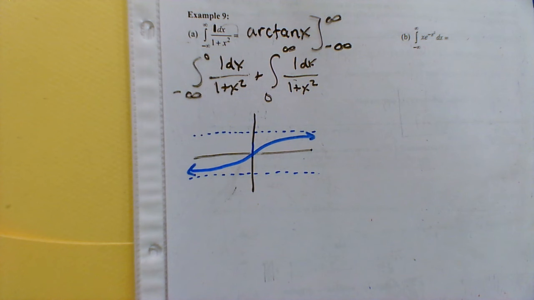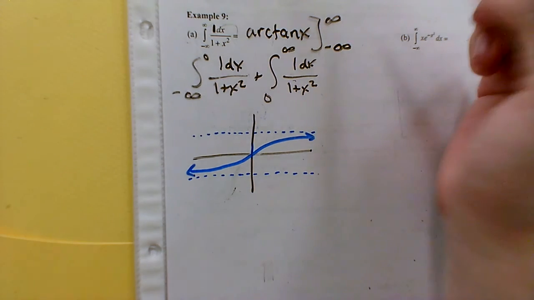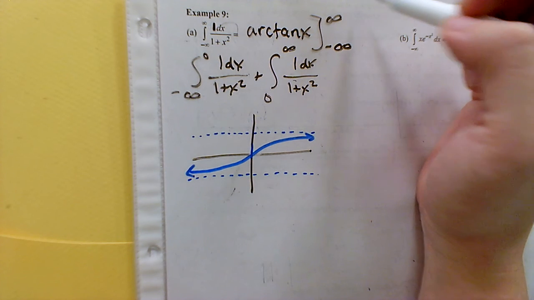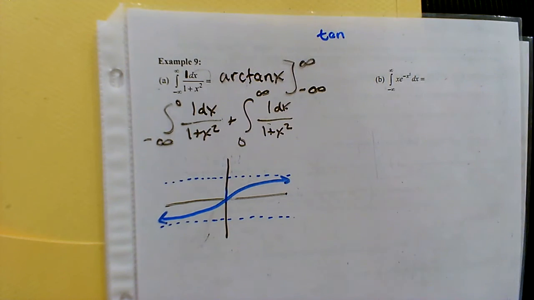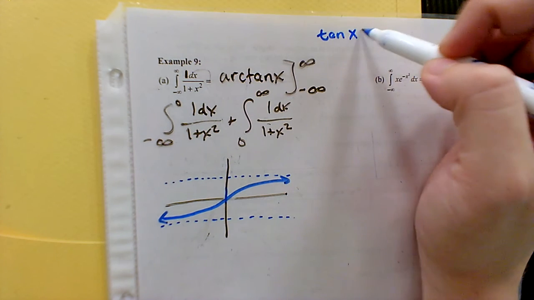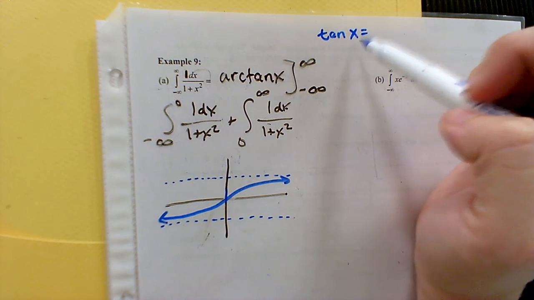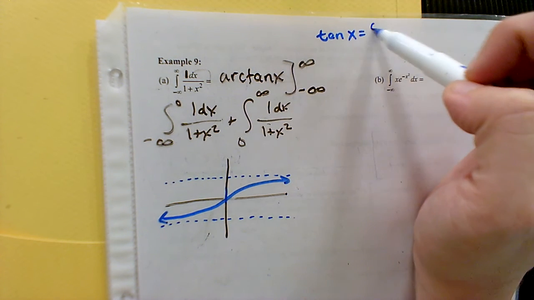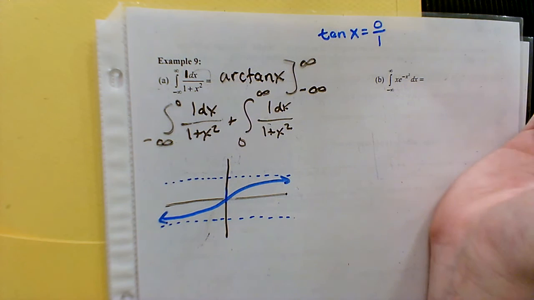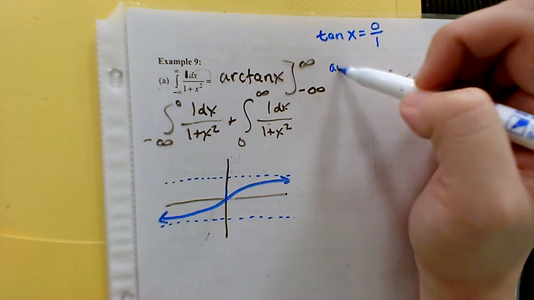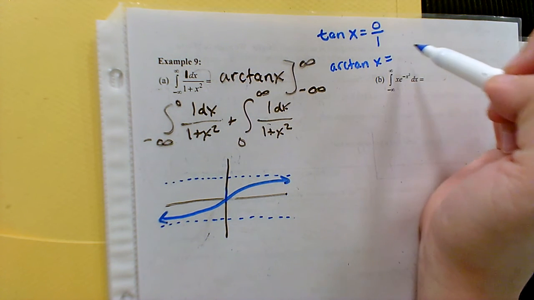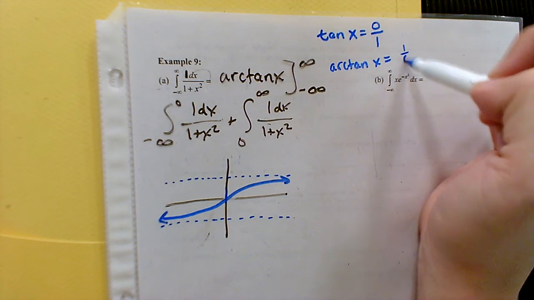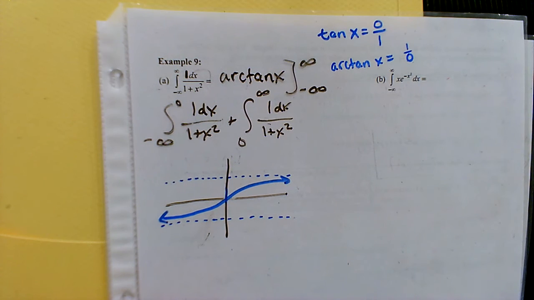Can you think about a place on the unit circle where tangent is... that's a good guess, okay. If somehow tangent of x is 0 over 1, that means arctan would be 1 over 0, which is undefined.